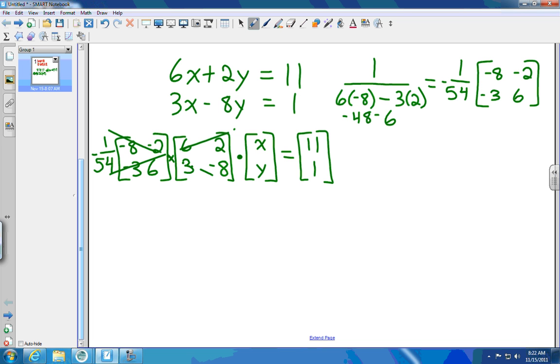That's the goal of multiplying times the inverse. They always cancel. That leaves you with xy, so we've got the variable by itself. Again, you don't have to write that over there and cross it off. I just wanted to illustrate what we are doing there.